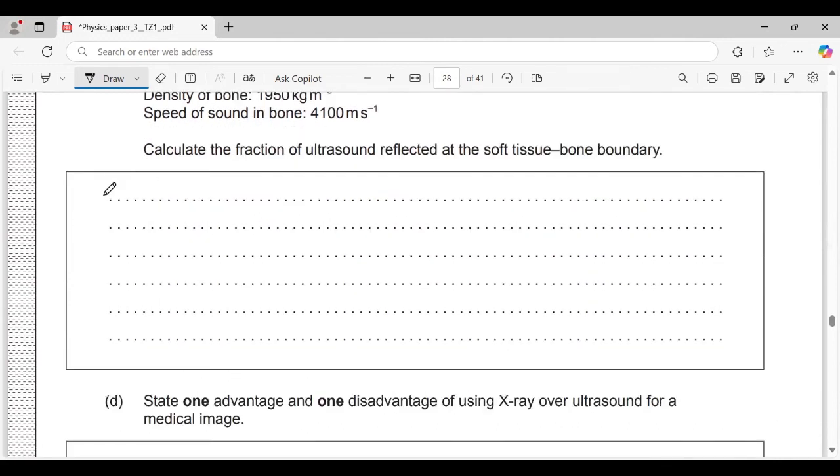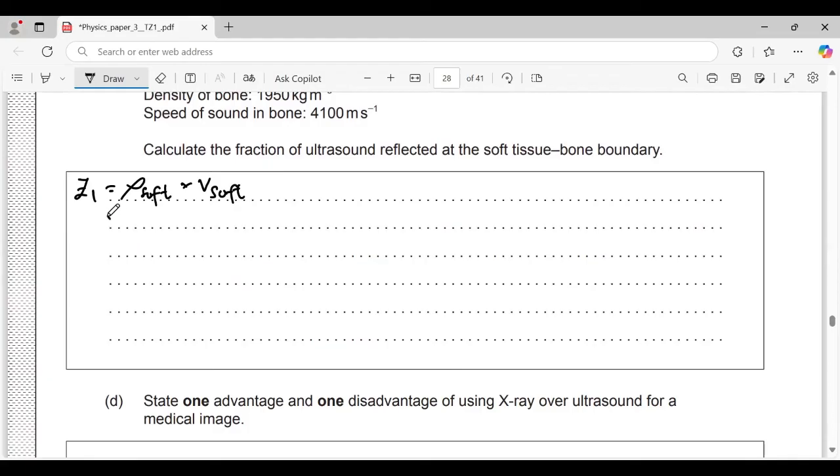So for soft tissue, or Z1, the formula is rho soft multiply V soft. Okay? The density multiply speed.